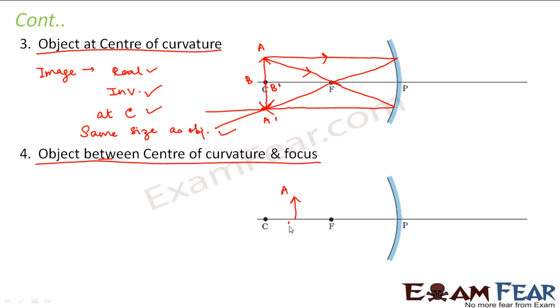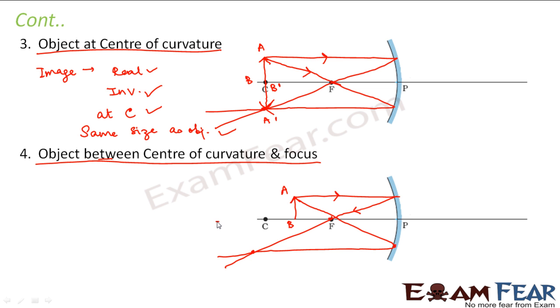Let me call this AB. So again, a ray of light parallel to principal axis, after reflection, passes through the principal focus. Another ray of light passes through principal focus, and after reflection, it goes parallel to the principal axis.